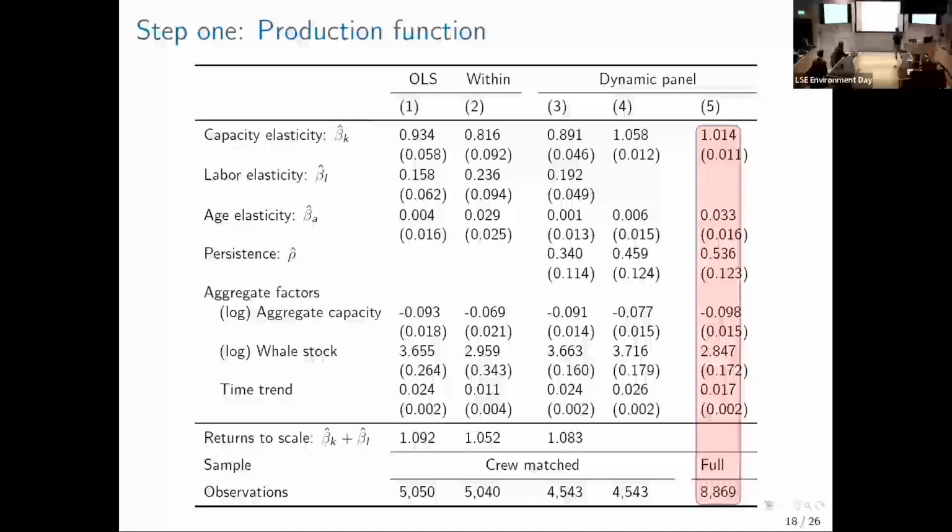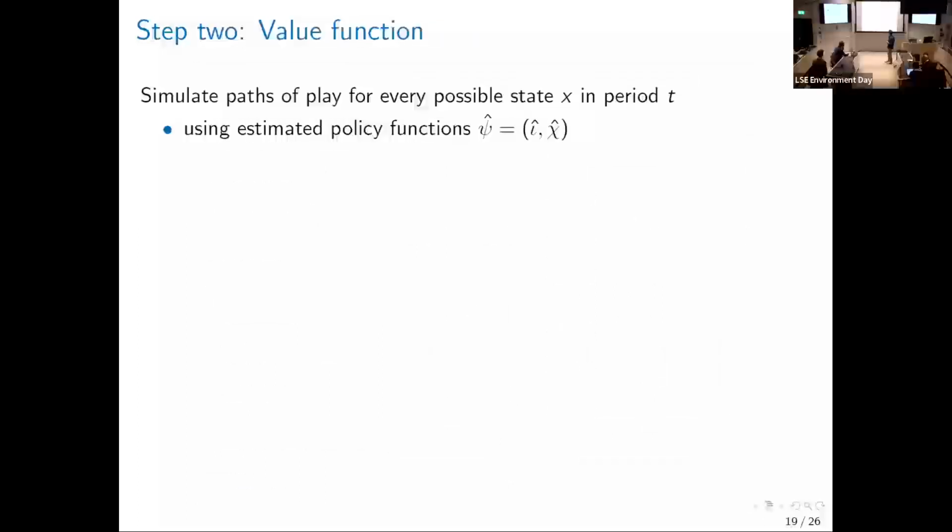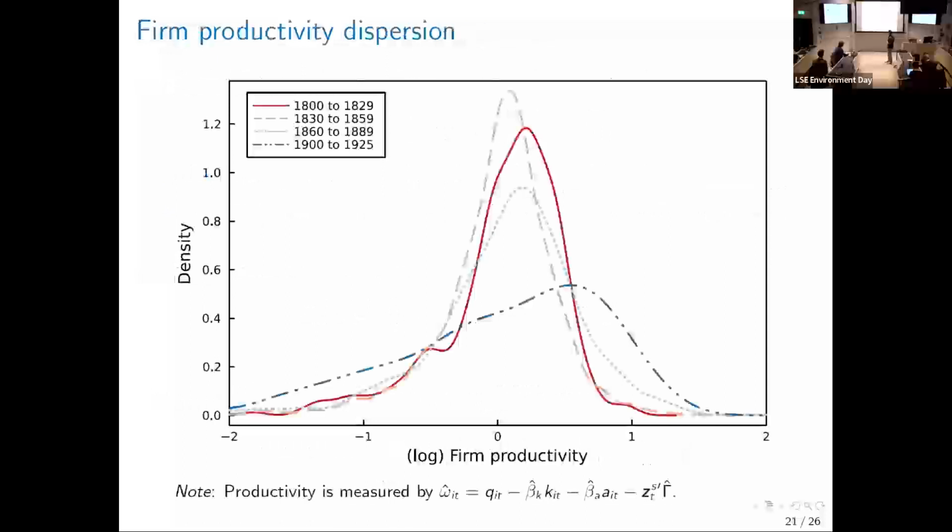And the industry's growth rate is around 2%, which is similar to other accounts and other research. I'm going to skip the detail of the second step, which is too much detail. After estimating the production function, I measure productivity as simply the residuals.